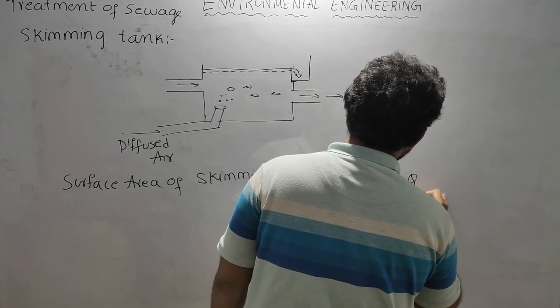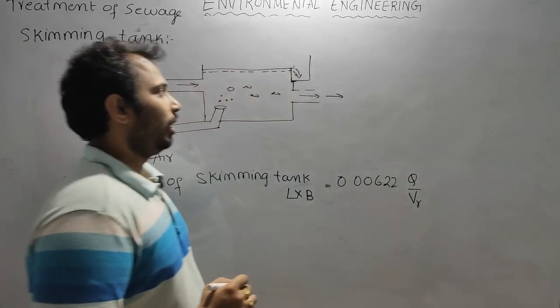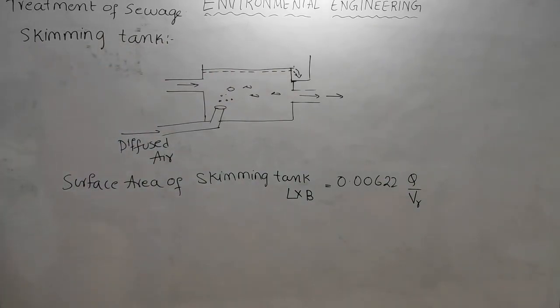Here Q is the flow rate and VR is the liquid rise velocity.